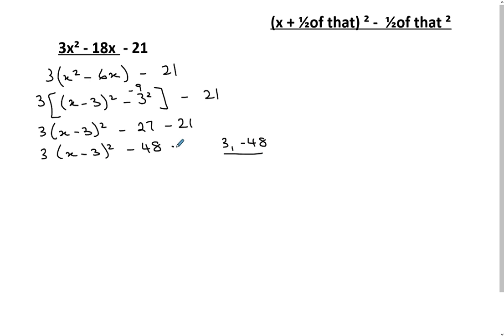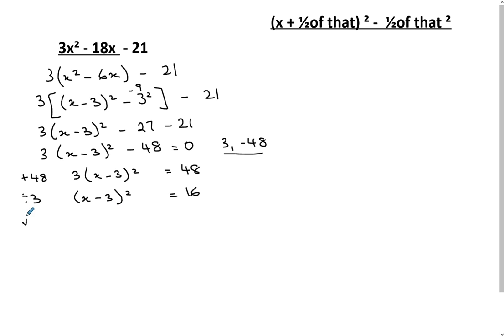Okay. Let's solve it, so equals 0. Take the number to the other side. So you've got 3(x minus 3) squared equals 48. And now you remember we divide by the 3. So you've got x minus 3 squared equals 16.